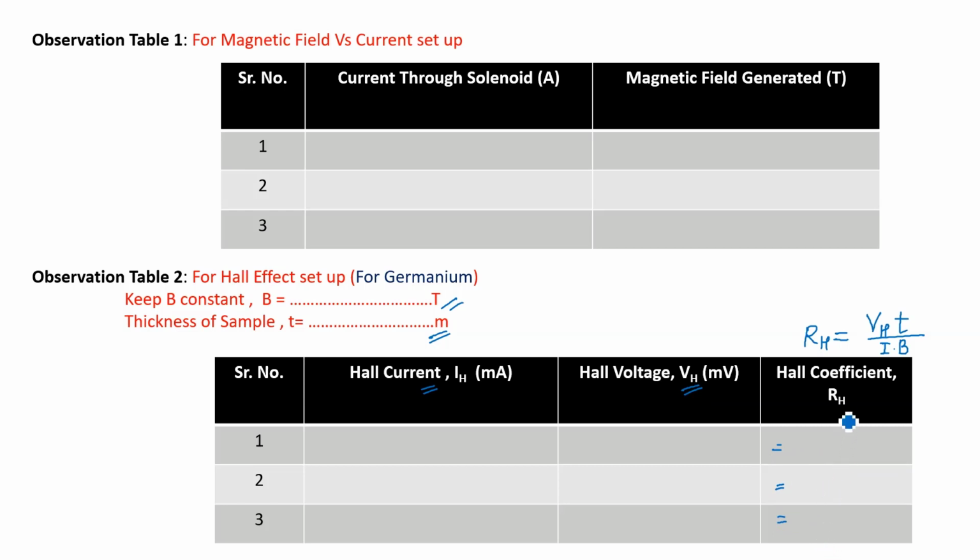Now this value of Hall coefficient we can also find by graph. So how can we do that? For this purpose, you have to plot a graph of Hall current versus Hall voltage.